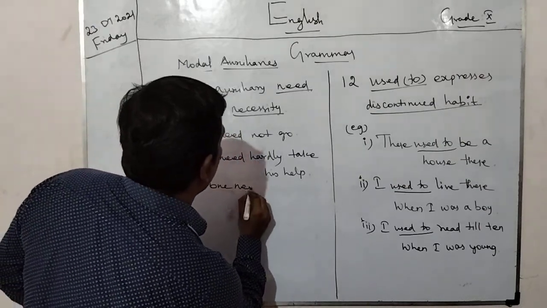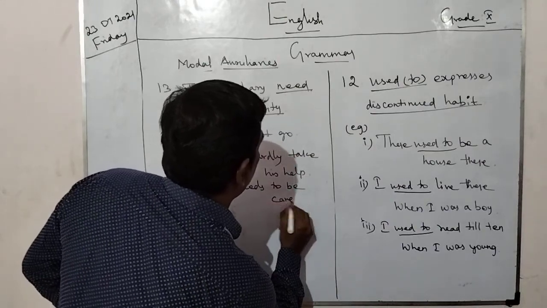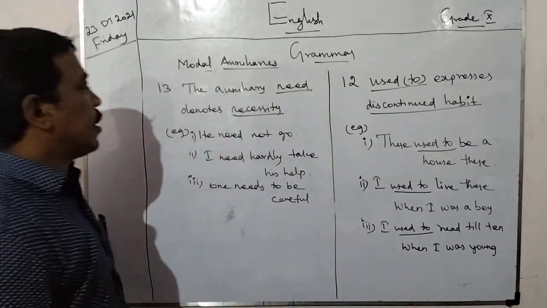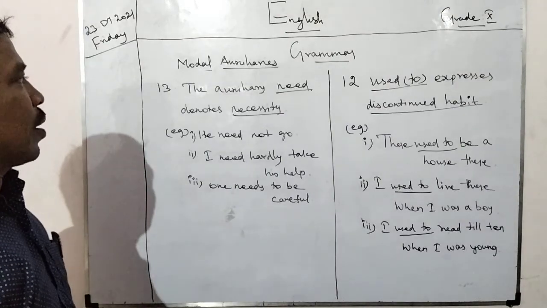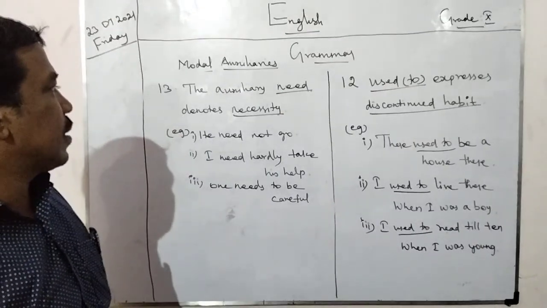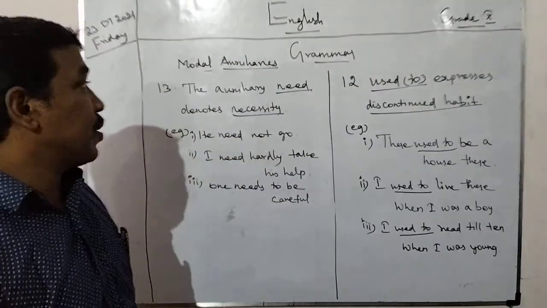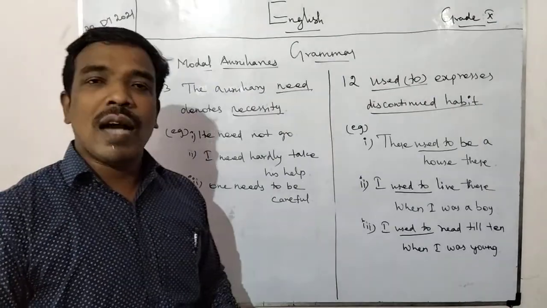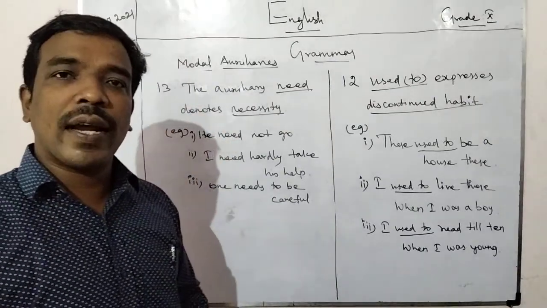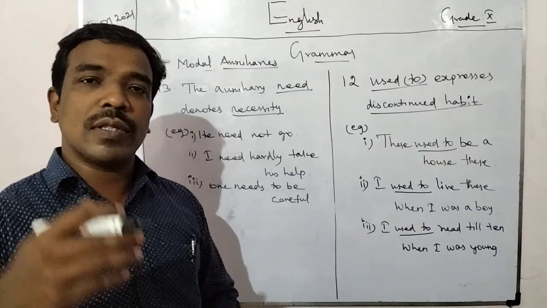One needs to be careful. Here, the auxiliary need denotes necessity. He need not go now. I need a pen: that need is the main verb, denoting necessity only.